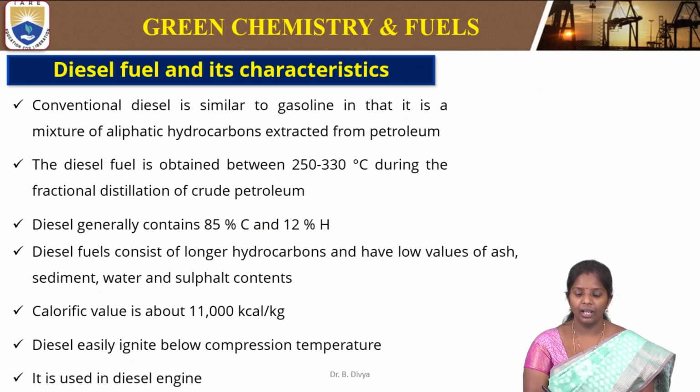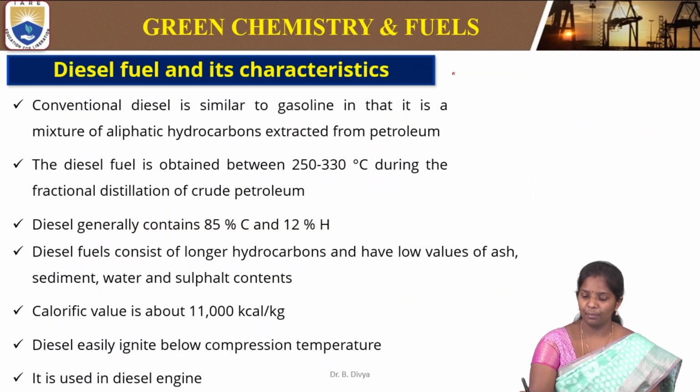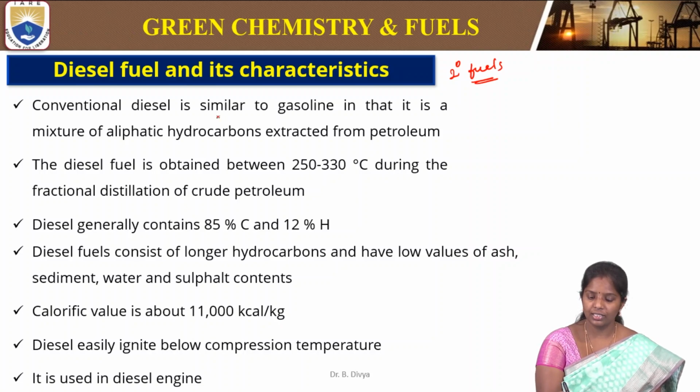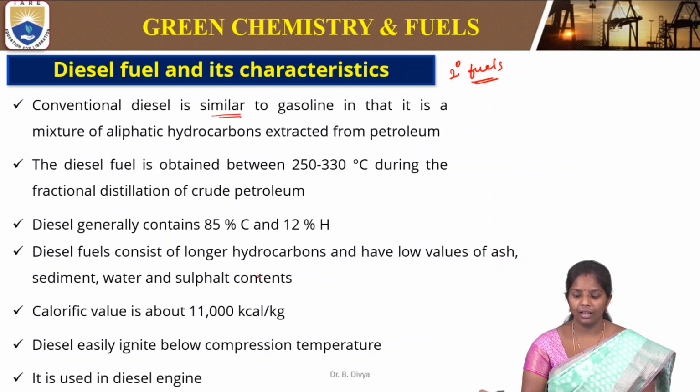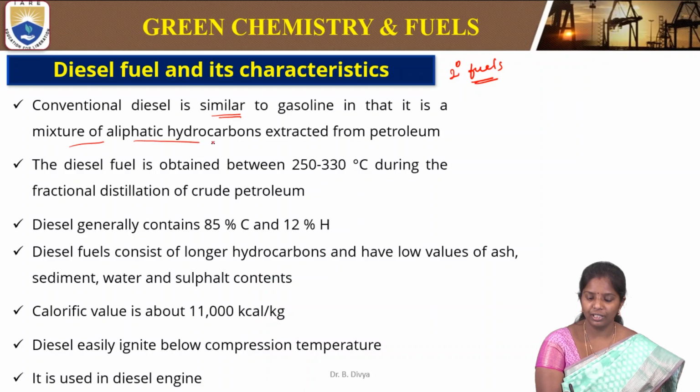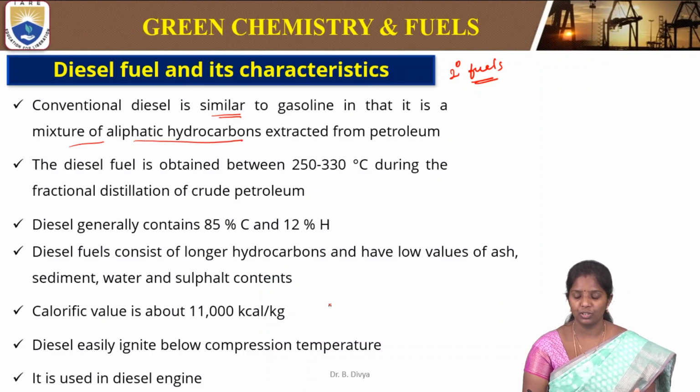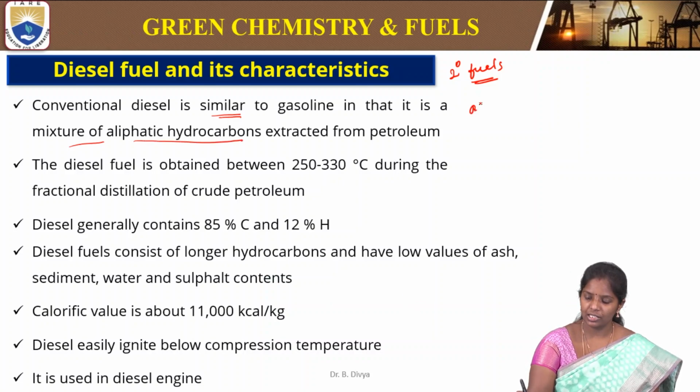Next, diesel fuel and its characteristics. The other example in the secondary fuels under natural fuels is diesel fuel. Conventional diesel is similar to gasoline in that it is a mixture of aliphatic hydrocarbons extracted from petroleum.